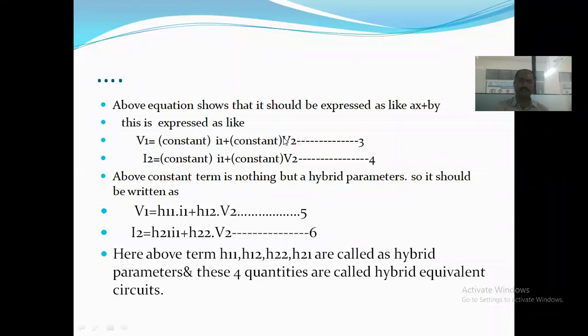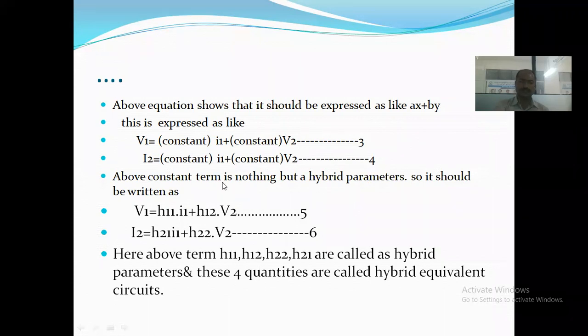So I1 and phi2 are additive terms, multiplied by constants. Now another term, I2, is also the function of I1 and V2, with some constants. So I2 is equal to a constant into I1 plus a constant into V2. These are equations number 3 and 4.